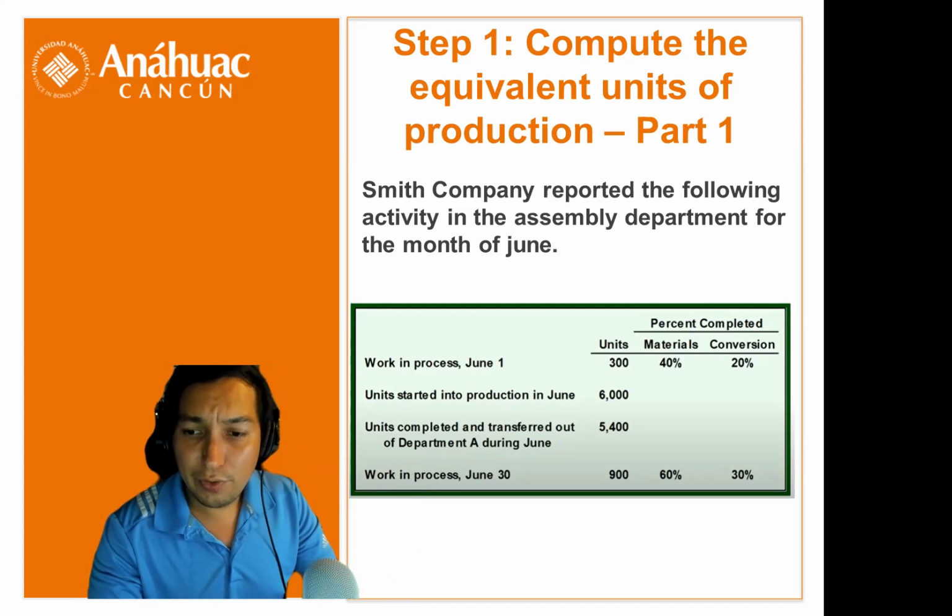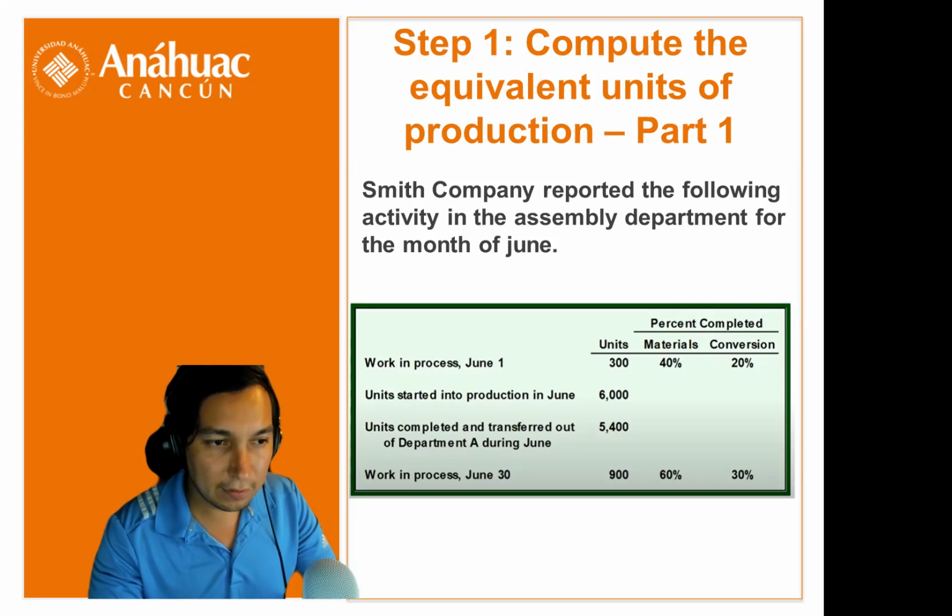Then during June we start 6,000 units into production, so that gives us 6,300 units. It's the 6,000 plus the 300. Then they complete and transfer out 5,400 units.